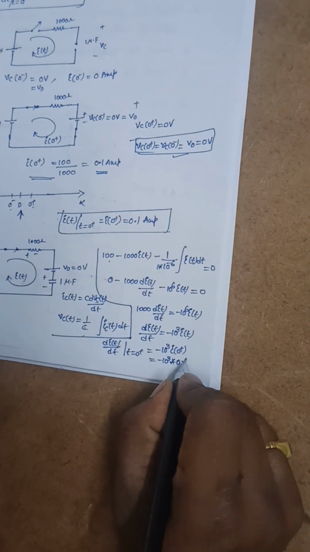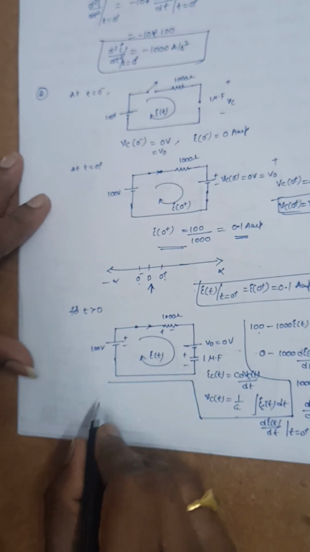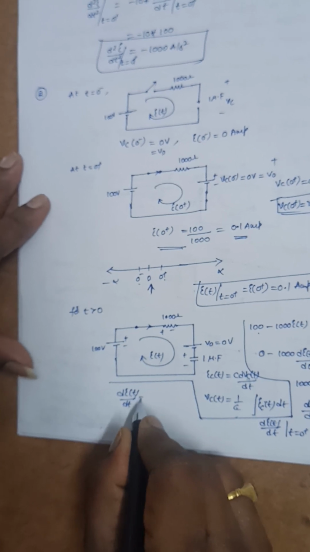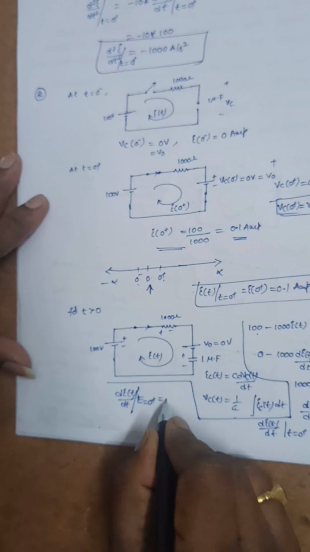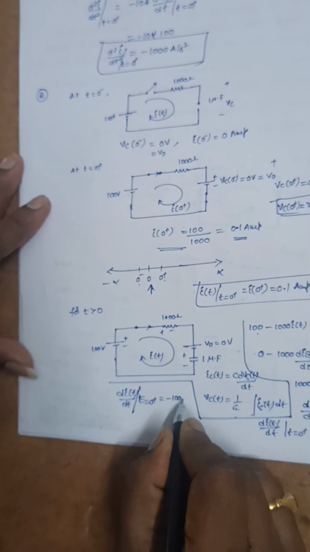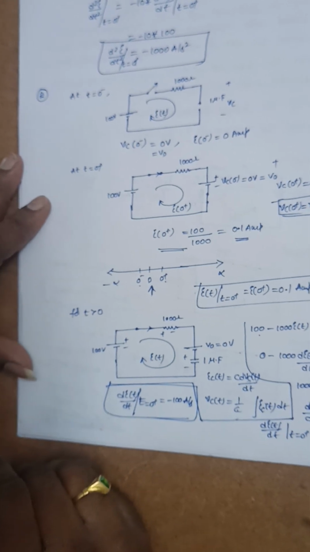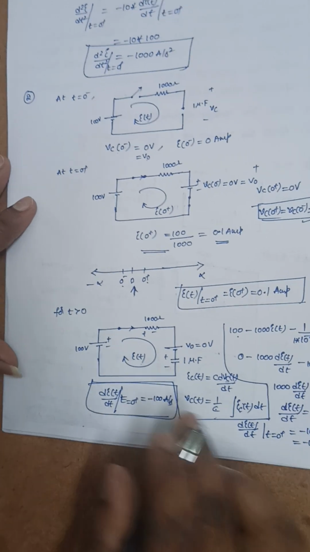So di of t by dt at t is equal to 0 plus is equal to minus 10 square, or minus 100 ampere per second. So this is the di of t by dt for this problem.